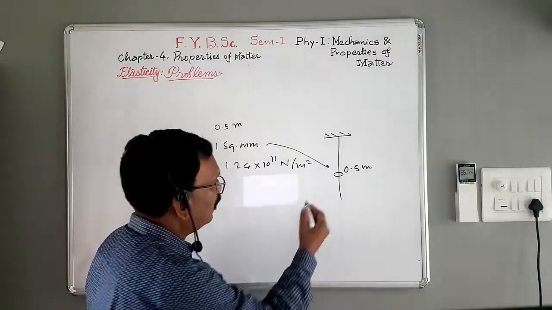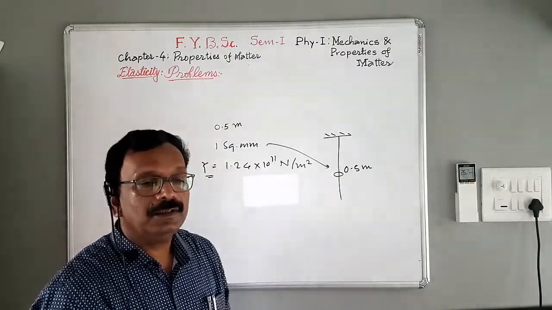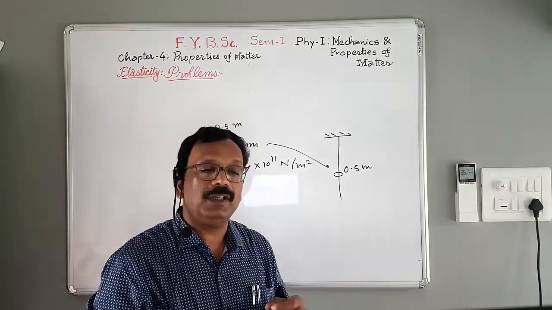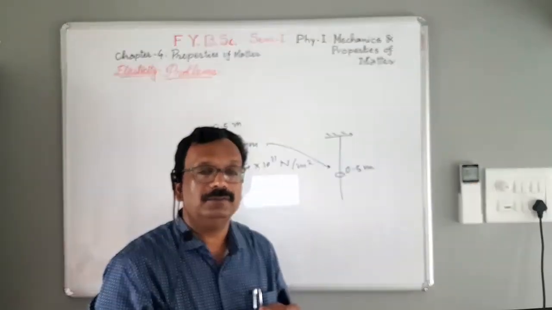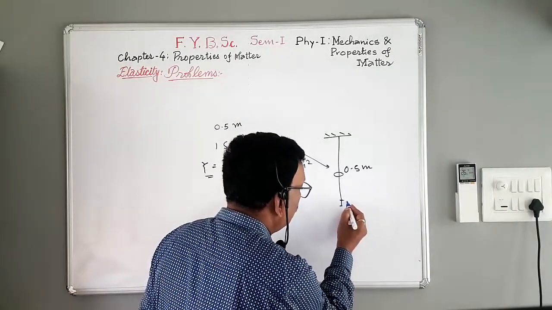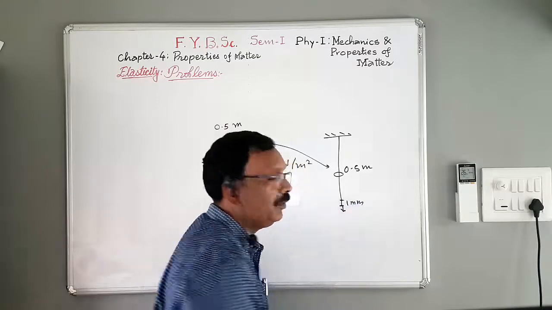Okay. And Young's modulus of the material of the wire is Y. Then here what we are going to obtain? We are going to obtain the work done in stretching the wire through 1 millimeter. Have you got it?